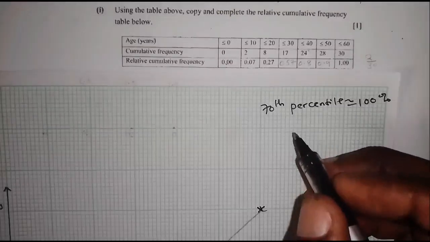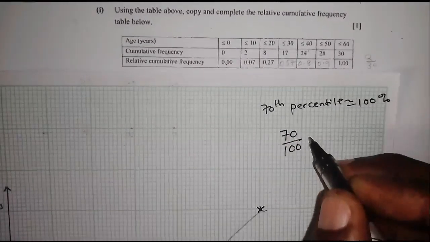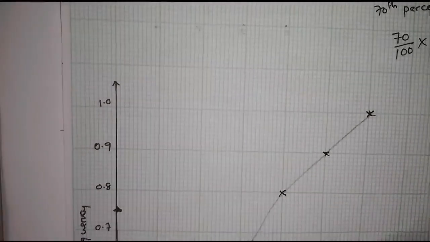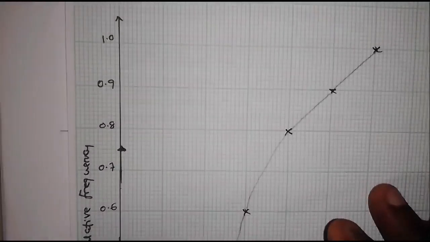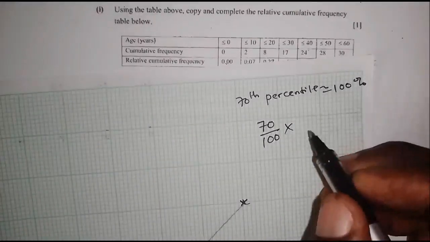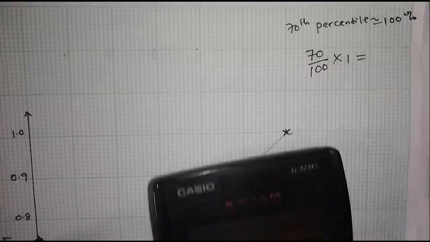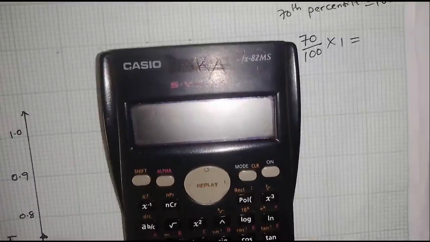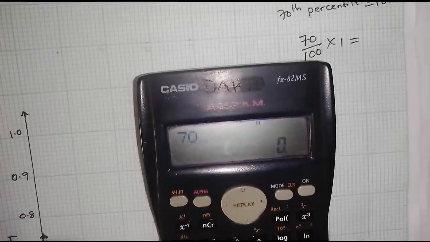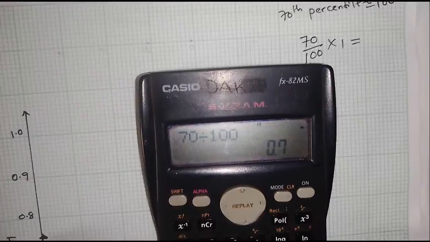Now what you do is you say 70 out of the 100, multiplied by the total on the cumulative frequency. This total is 1, so it just times 1. Once you go on your calculator, it's just going to be 70 divided by 100, you get 0.7.